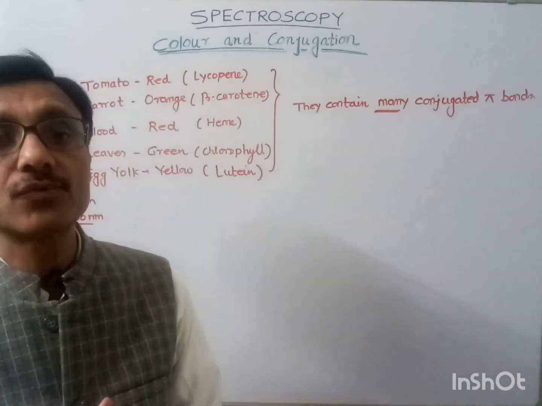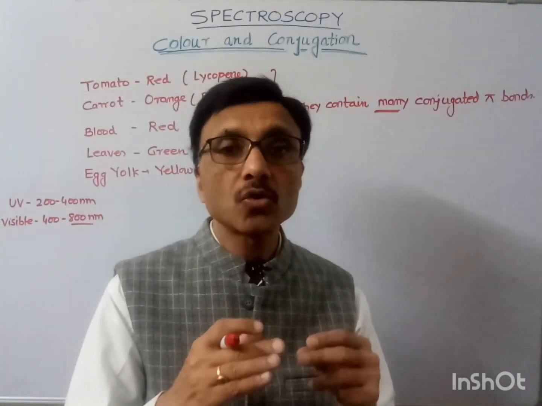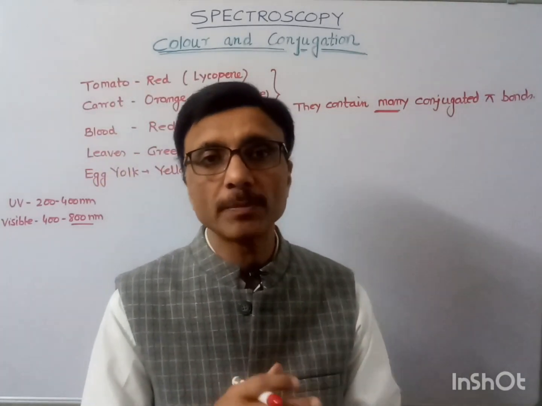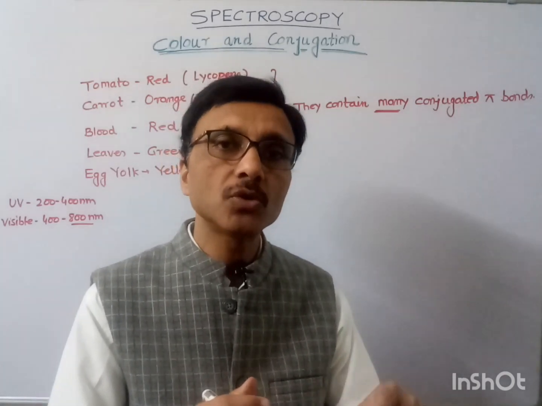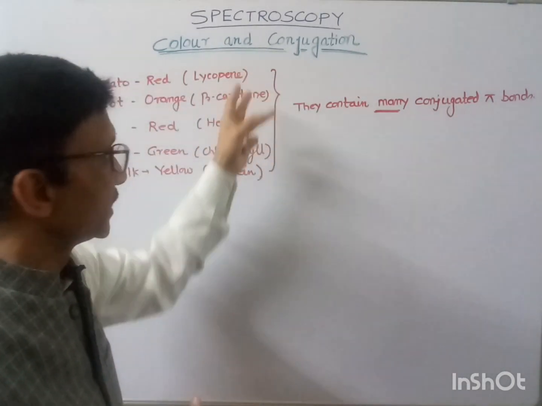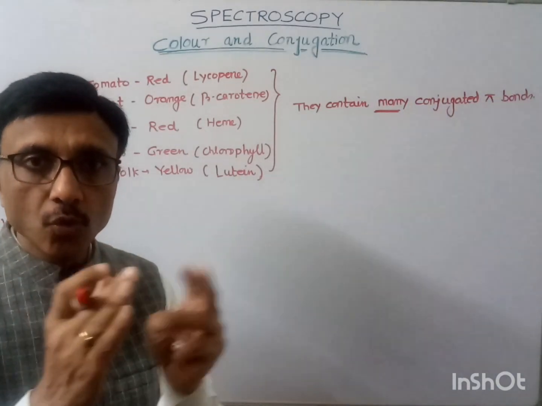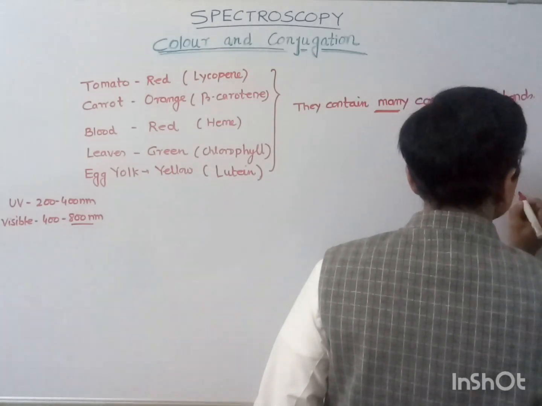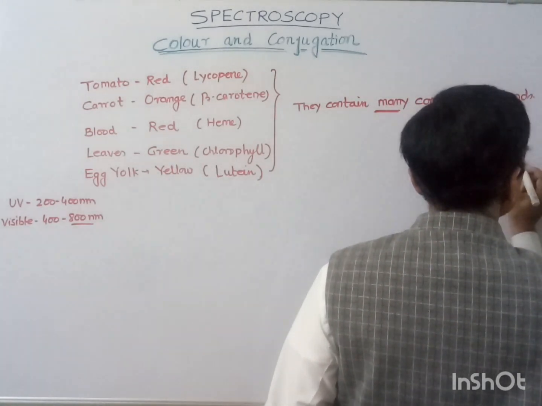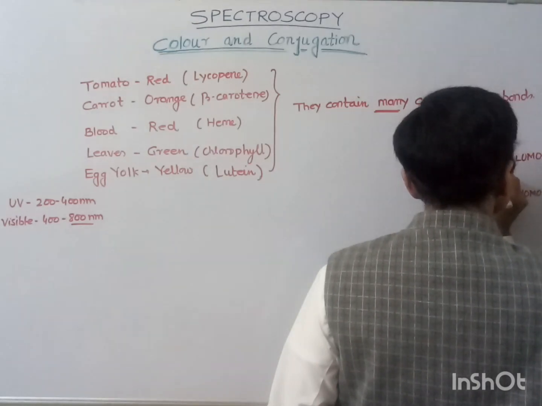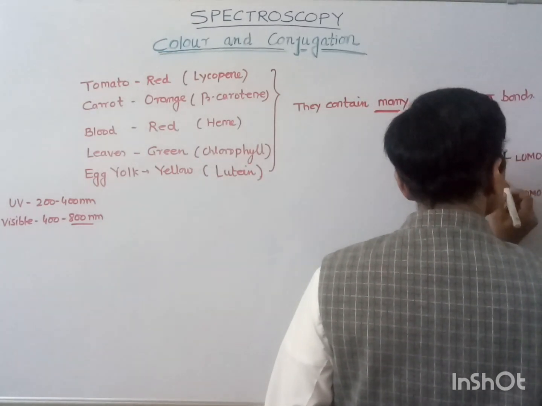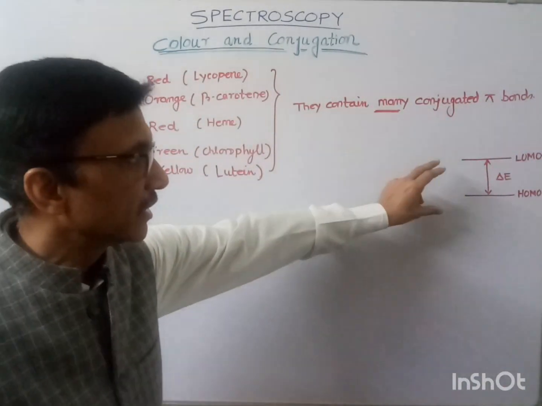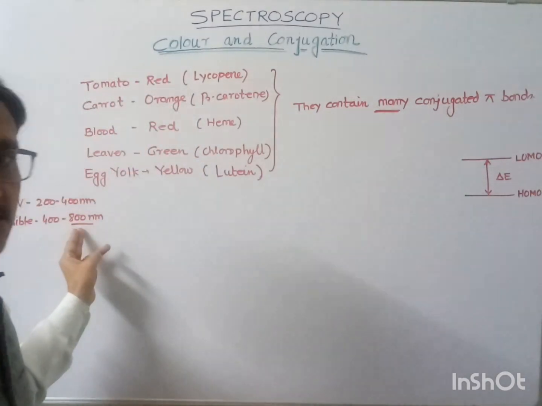Or we can say the electron goes from the highest occupied molecular orbital, HOMO, to the lowest unoccupied molecular orbital, LUMO. And in these cases, the energy gap between HOMO and LUMO is very less in these molecules. So why are they colored? Because the energy is less and the wavelength is high.